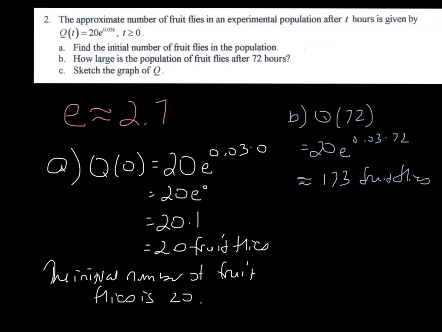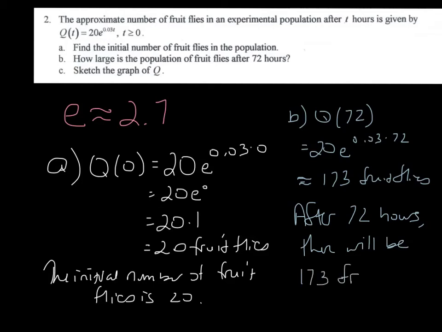So this means that after 72 hours, we went from 20 to 173 fruit flies. So let's write that out. After 72 hours, there will be 173 fruit flies.